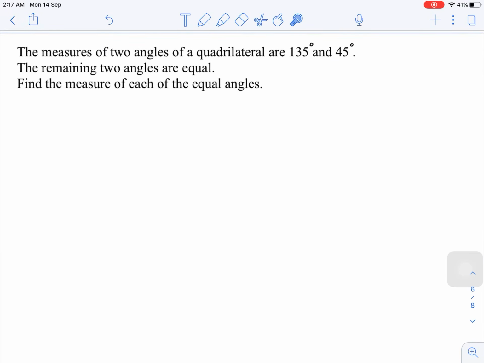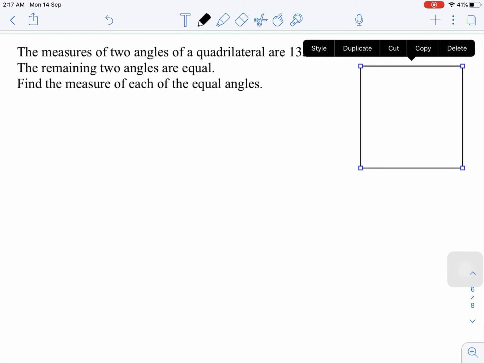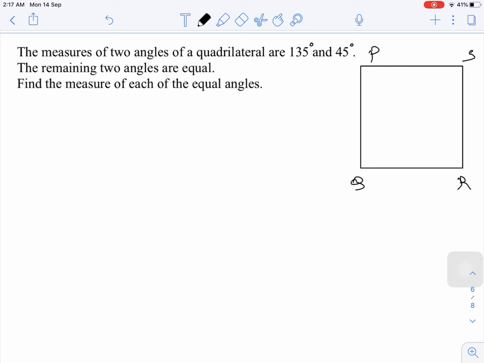Here in this example it is given that the measure of two angles of a quadrilateral are 135 degrees and 45 degrees. The remaining two angles are equal. We have to find the measure of each of the angles. For this one also let us make a rough figure. Let us consider that this is our required quadrilateral, named PQRS.